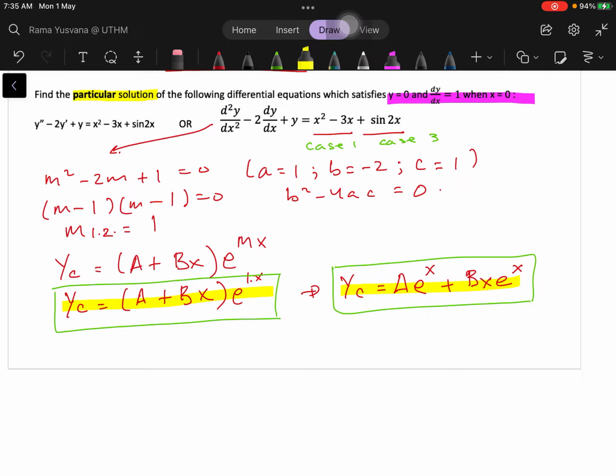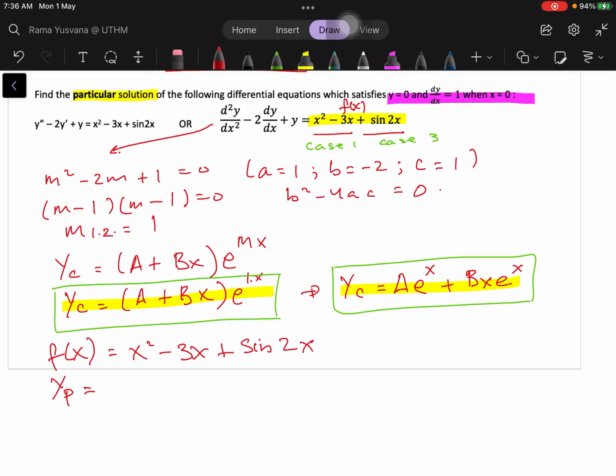So next we are going to look at the non-homogeneous term, our f(x). This one is our f(x). Let me just highlight that here. So our f(x) equals x squared minus 3x plus sin x.